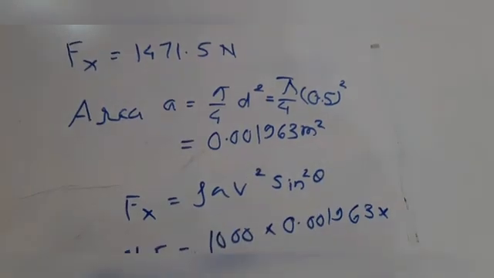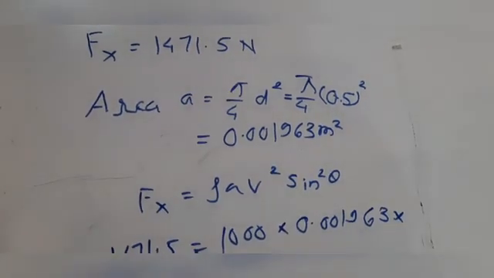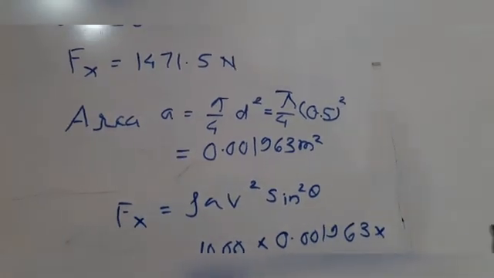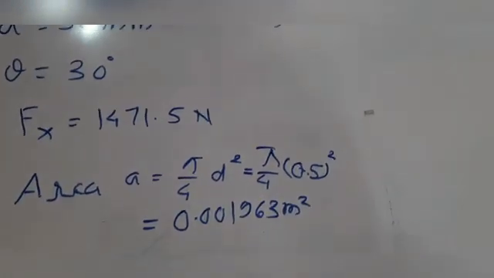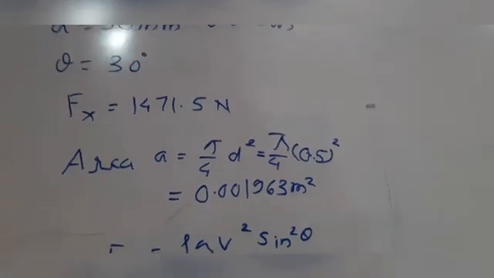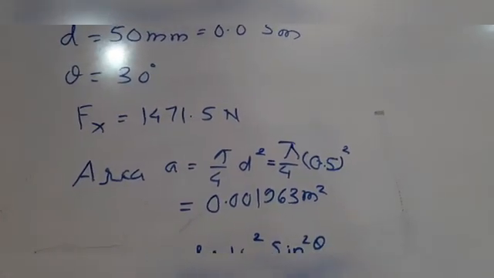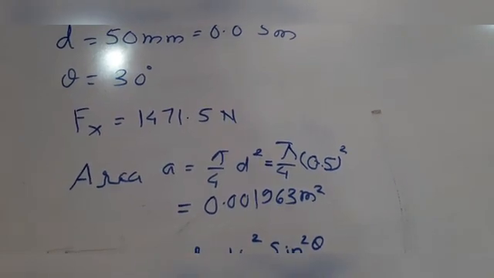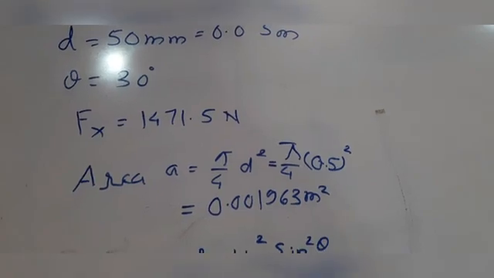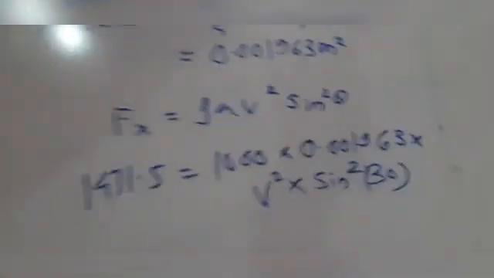Here we have to find the velocity, and sine square theta has been given, so V square into sine square 30. Here the angle is given 30.